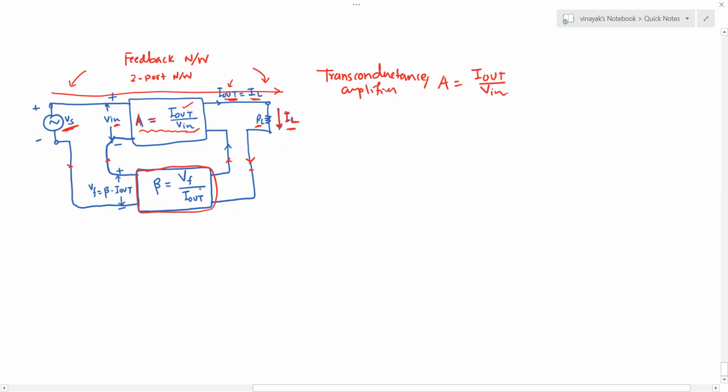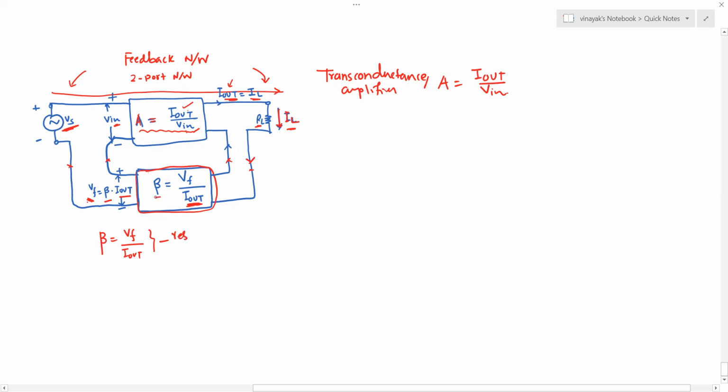So the input to this feedback circuit is the output current, which is I out, and the output of the feedback circuit is the voltage, which is called as feedback voltage VF, which is the product of beta multiplied by the input, the gain times input. Output is equal to gain times input, or beta is the output voltage divided by the input current. So in fact, this is reflecting resistance.